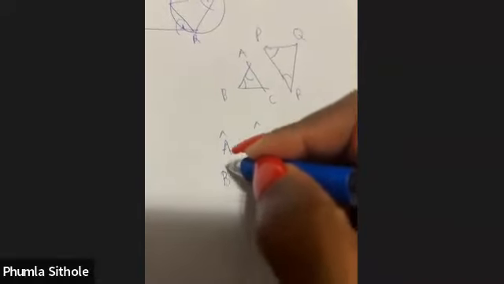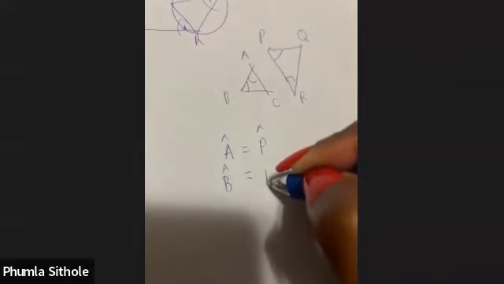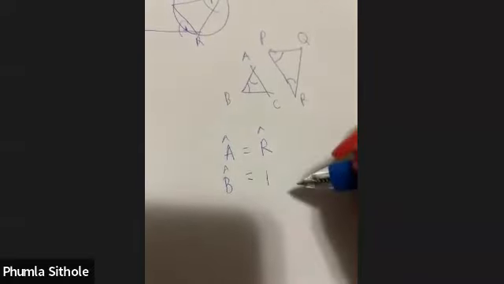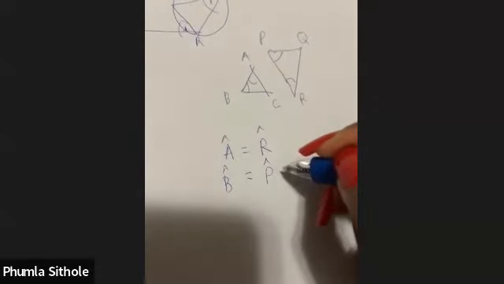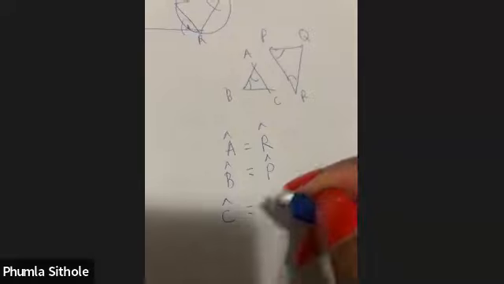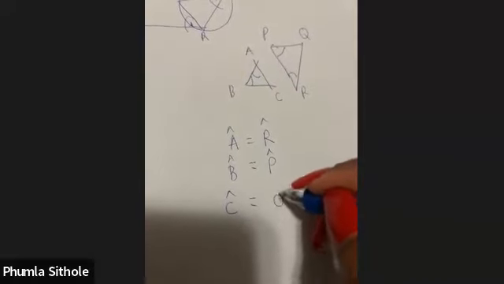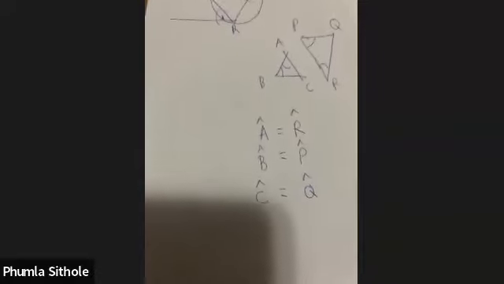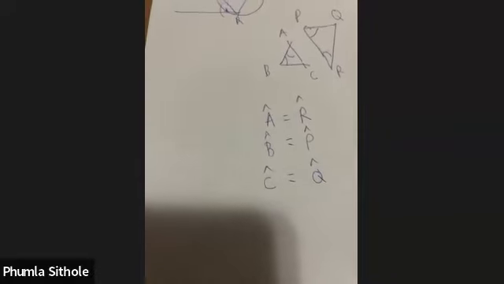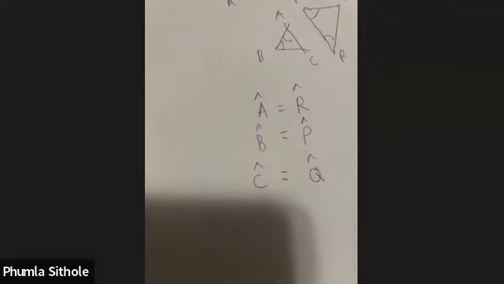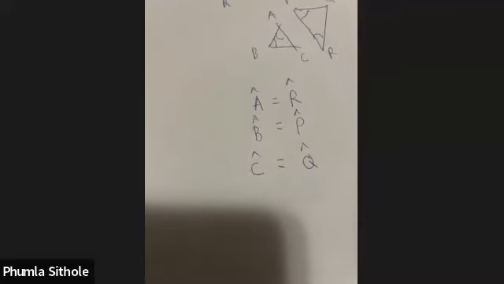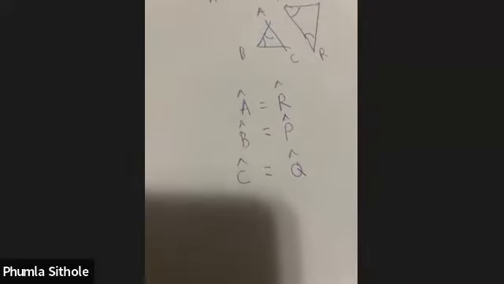So angle B from the smaller one is the same as angle Q. And obviously you are left with one from both triangles. Then the proportion as well. So in this case, since we are doing angles, that is how we will show that these two triangles are similar. Since we are proving, we need to show that the angles involved in these two triangles that we are looking at are indeed equal.